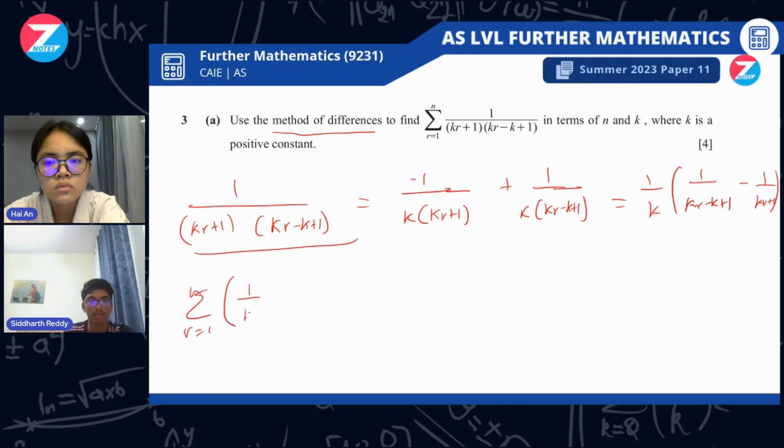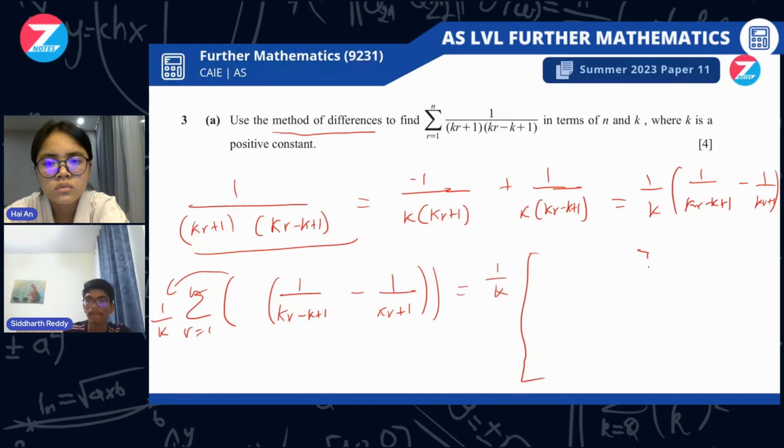1 by k is a constant, and we can bring it outside the summation. So let's substitute r is equal to 1 first. So we have 1 by k just outside everything.